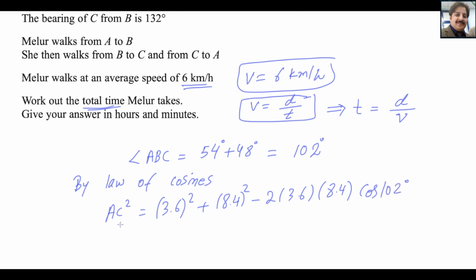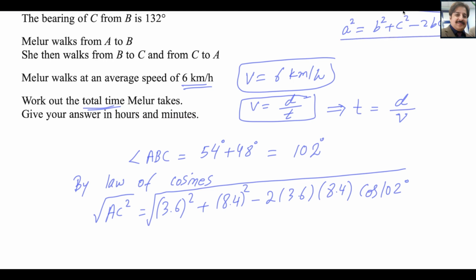Because we want to find AC, we take the square root. I'm writing the cosine formula for you. If you want to find side a square, you write the other two sides squared, b square plus c square minus 2bc cosine A, angle A. So this is the cosine law. By using this law, if two sides and the angle between them are given, we can find the side opposite to the given angle.